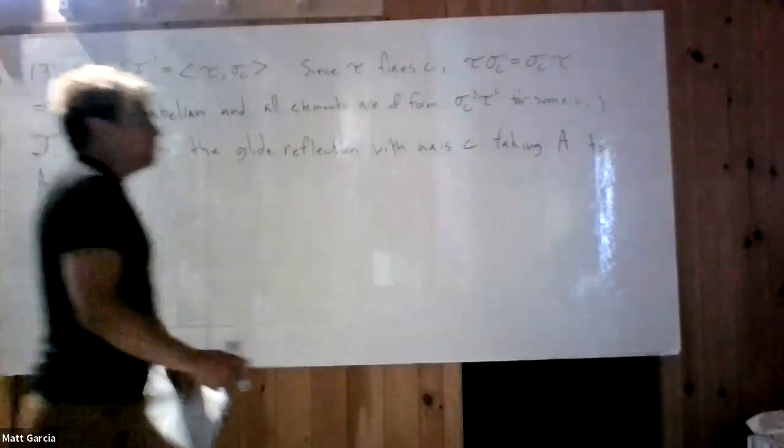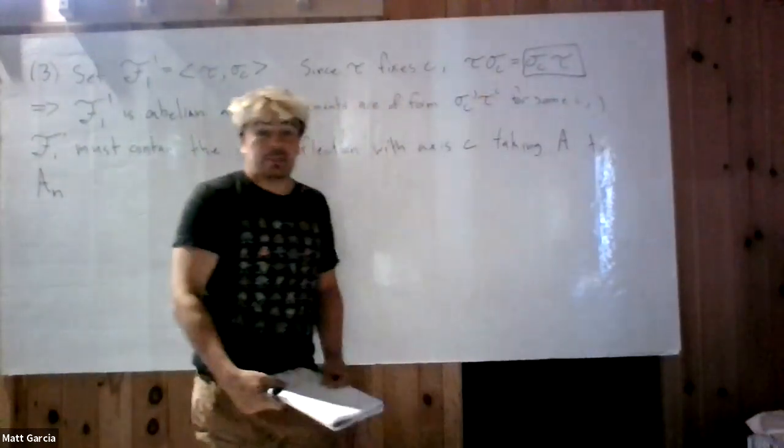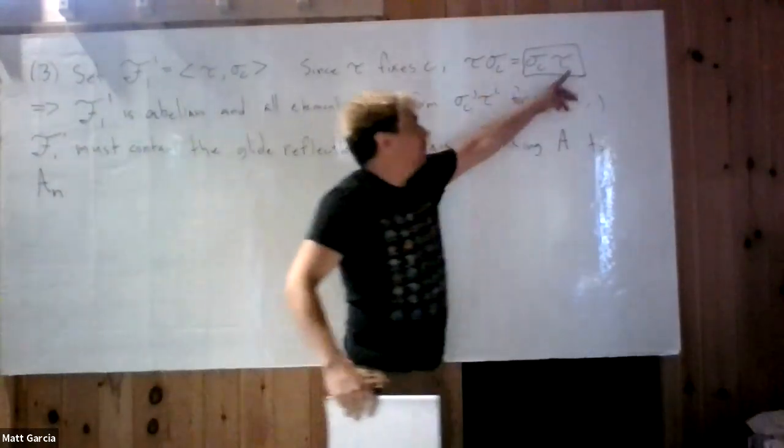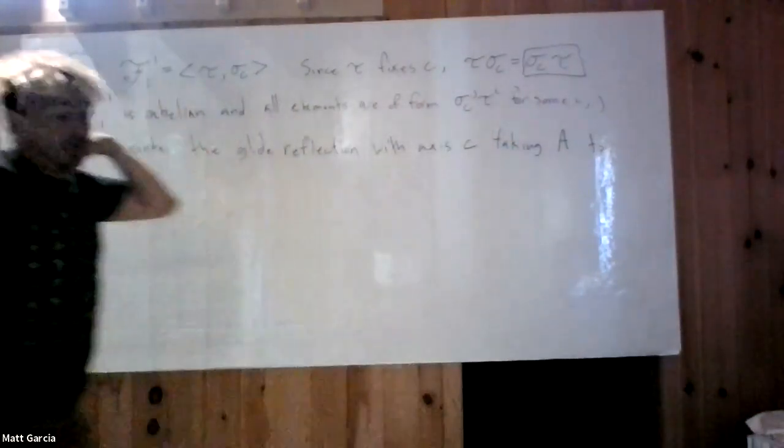That is to say, this is the equation of a glide reflection, right? We have a translation followed by a reflection.